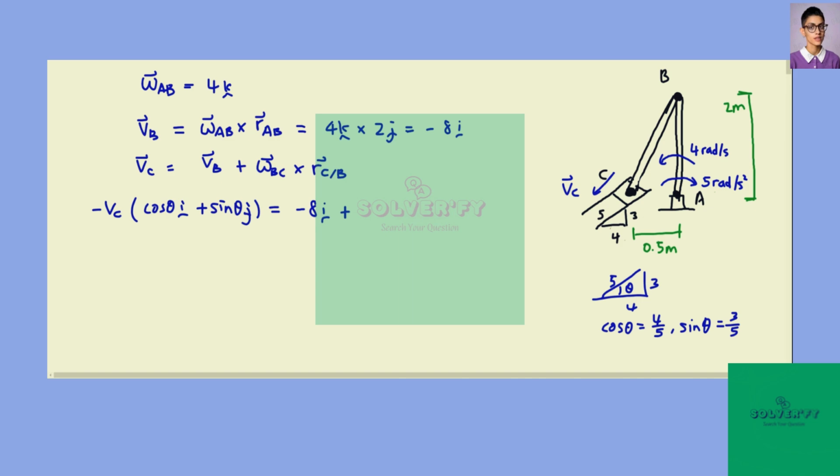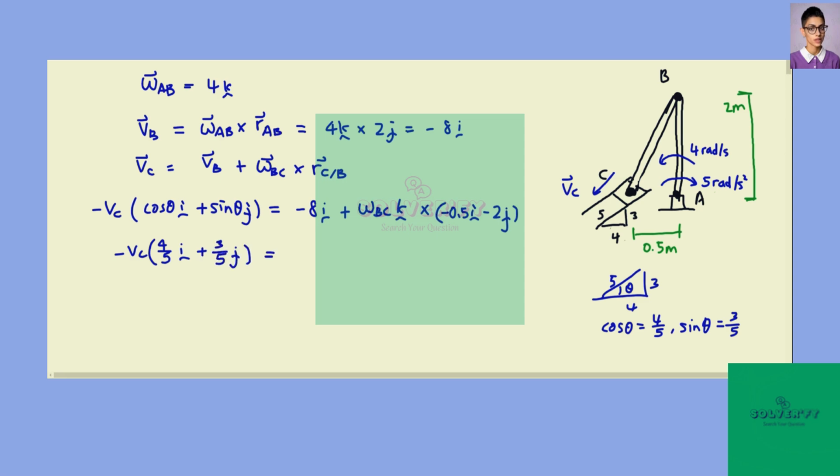plus omega BC k cross, the position vector of C relative to B, which is minus 0.5i minus 2j. Cosine theta is 4 over 5, sine theta is 3 over 5, you just substitute, 4 over 5i plus 3 over 5j.